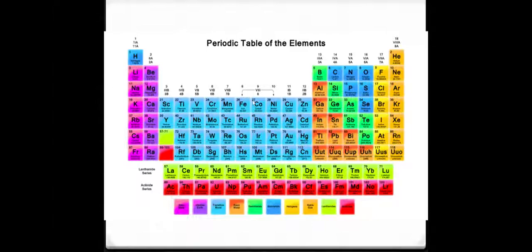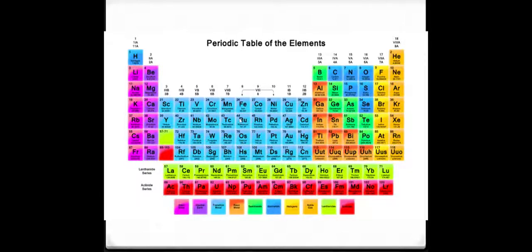Our transition metals, or this shorter block in the center, columns 3 through 12, are all B grouping. That does include these two rows that have been pulled out from here and here.